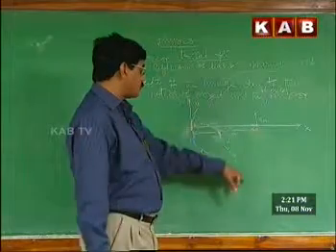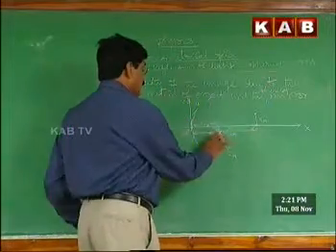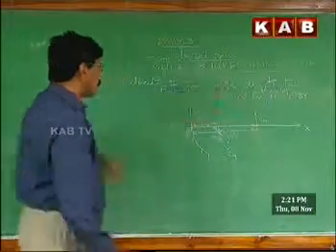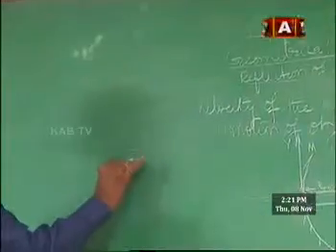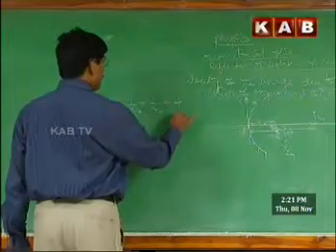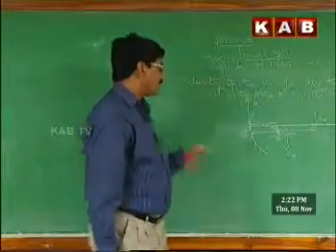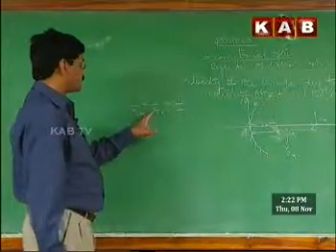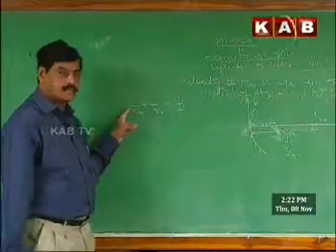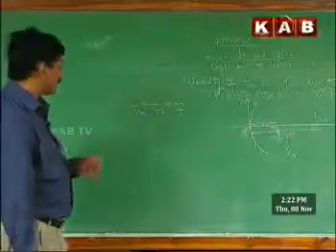Earlier we used to call it U, and XIM is the image distance from the pole of the mirror, which we used to call V. Therefore, how are U and V related? 1 by XOM plus 1 by XIM is equal to 1 by F. The reason is that a real object, real image and concave mirror are all positive. The real image distance is positive as per the sign convention, the real object distance is also positive, and the focal length of the mirror is also positive as per the sign convention.